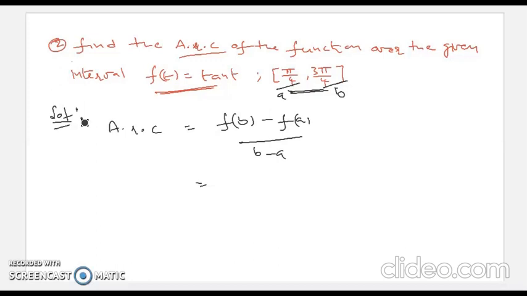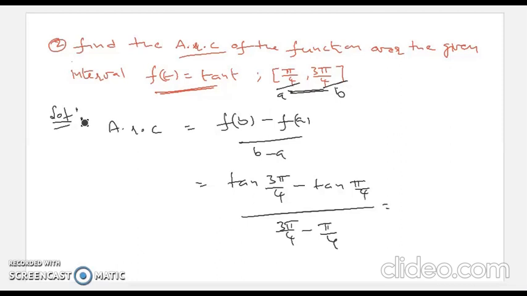So tan b means here b value is 3 pi by 4, minus tan a, where a value is pi by 4, by b minus a, which is 3 pi by 4 minus pi by 4.